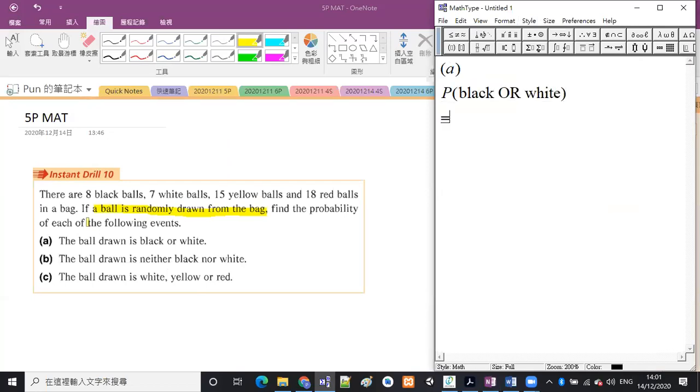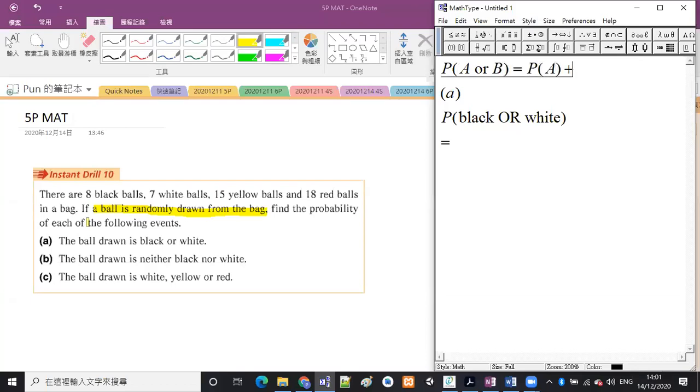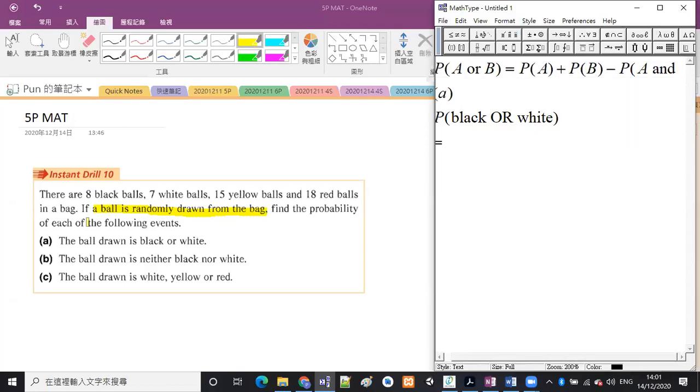We remember that we have learned this formula: P(A or B) is equal to P(A) plus P(B), and then minus P(A and B). When we see the keyword or, we are going to use this idea.